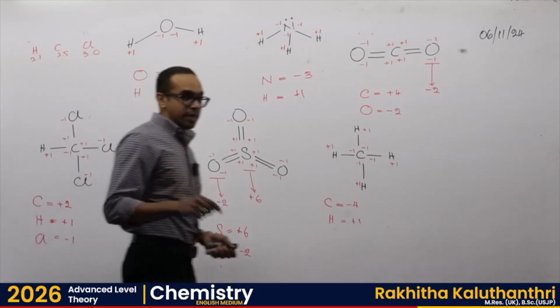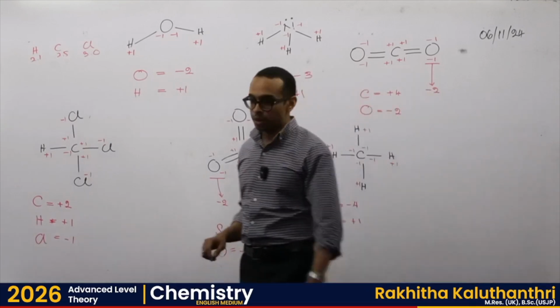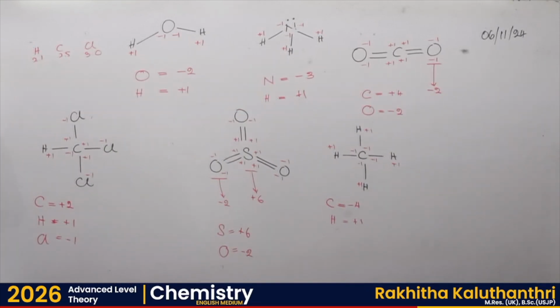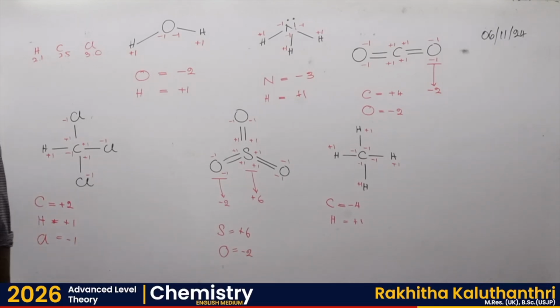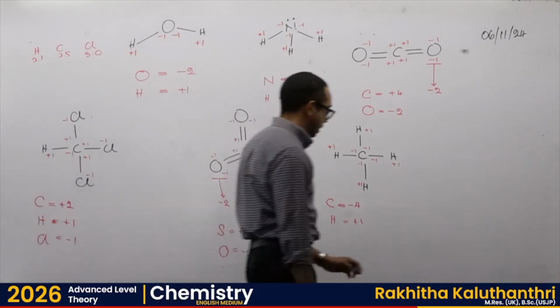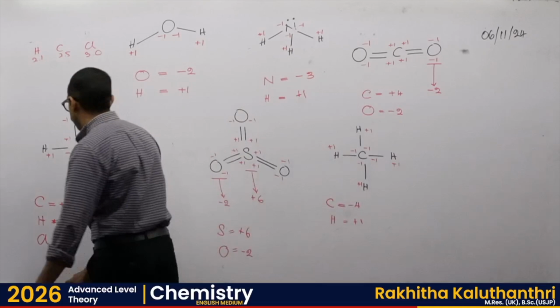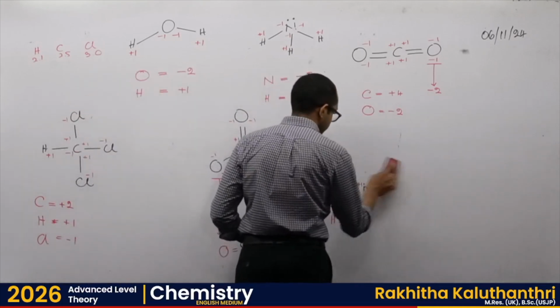Okay, I believe I didn't give you time to do nitrogen dioxide. Quickly do it. Tell me what is the oxidation state of nitrogen. When you draw the nitrogen dioxide molecule, you have an odd number of electrons on nitrogen. Hopefully you remember the odd number of electrons part.